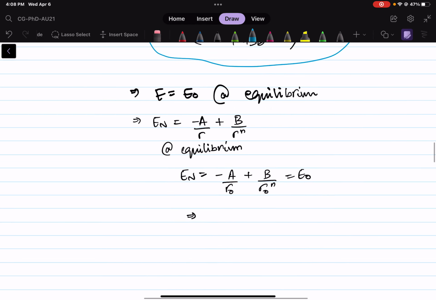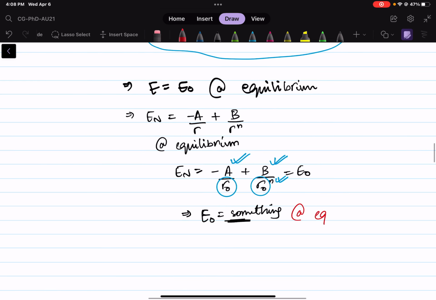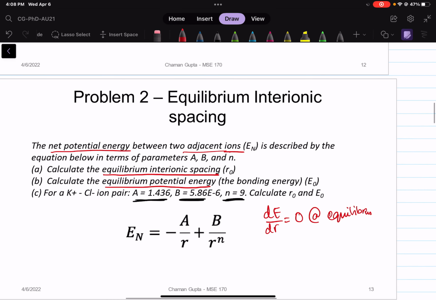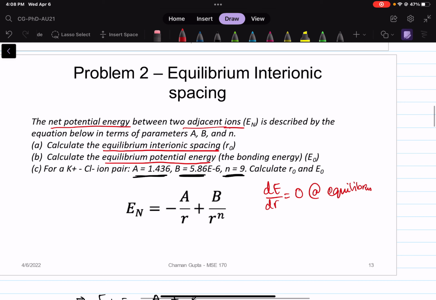And here you just calculated the R naught value, so you can plug that in here. You know A, you know B, and you know N. So this will give you the value of E naught equals to something. And again, remember, E naught is at equilibrium.